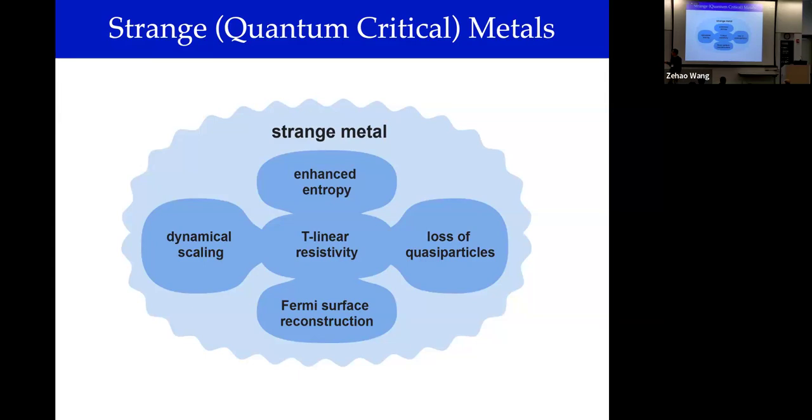Namely, in addition to unusual temperature dependence of electrical resistivity, there are a slew of other things like enhanced physical entropy, dynamical scaling, Fermi surface reconstruction, and loss of quasi-particles. And I'll run through these a little bit.